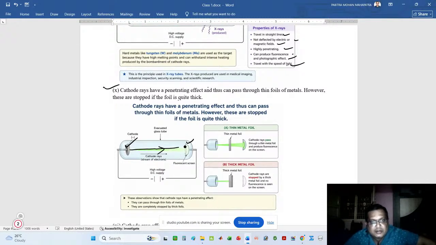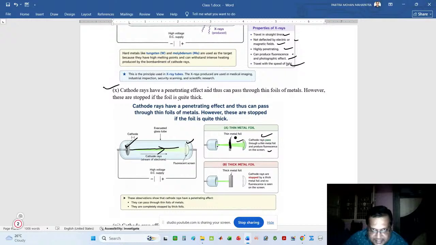If I keep a thin metal foil and pass the cathode ray from cathode to anode, some rays pass through the thin metal foil. Cathode rays pass through a thin metal foil and produce fluorescence on the screen.